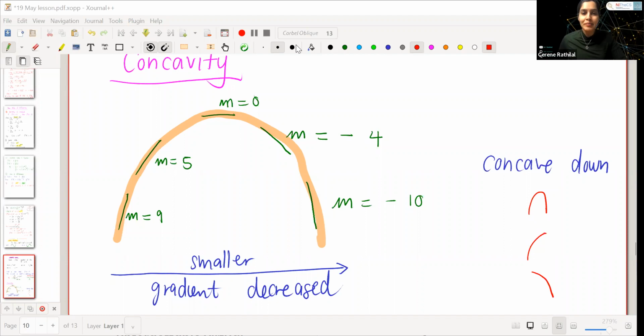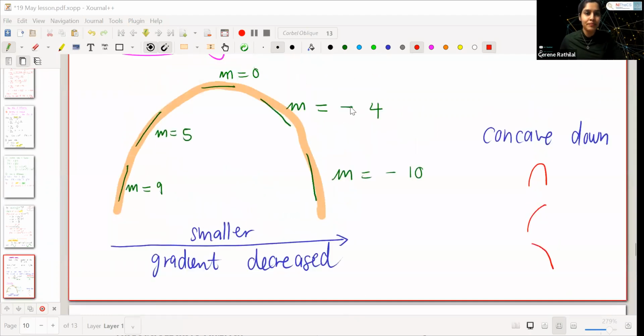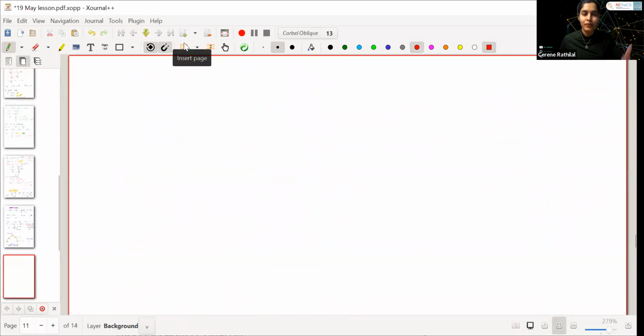So likewise, let's go through this exercise. Let's talk concave up. Of course, analogously, it's going to be doing the opposite, right? So let's say I gave you that. So gradient, is it negative or positive for this line?